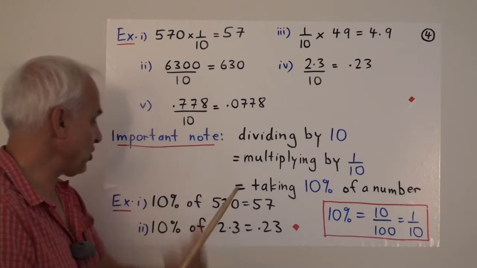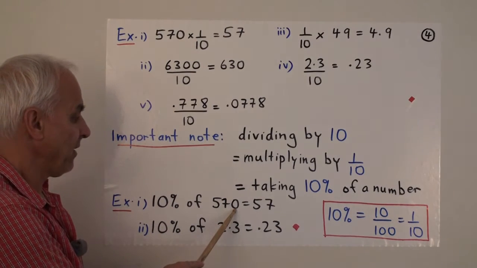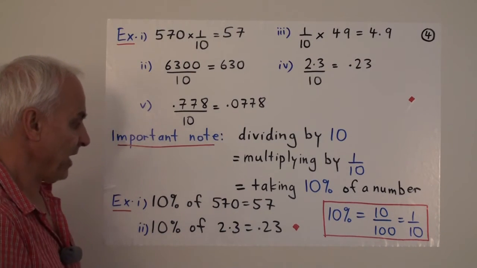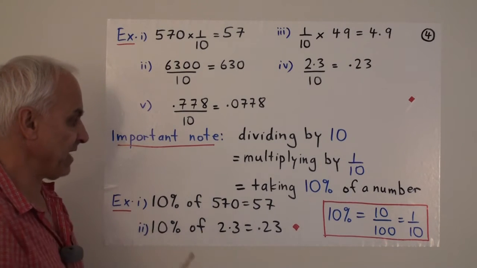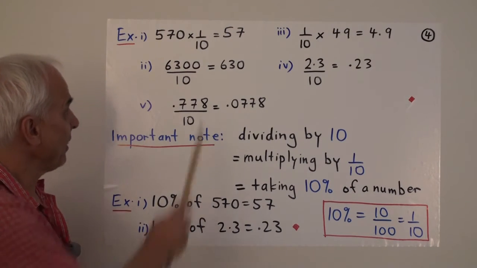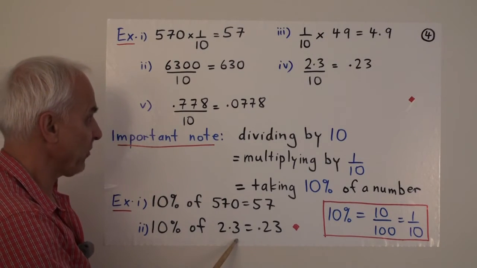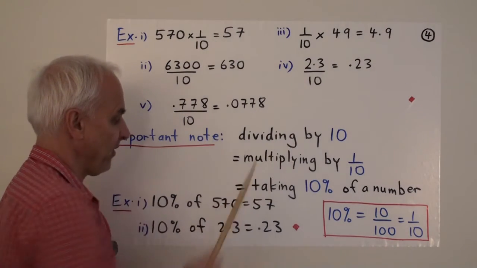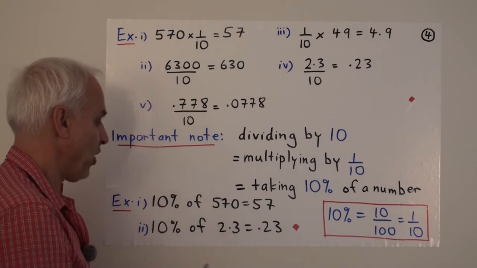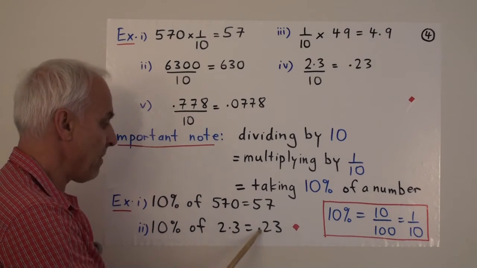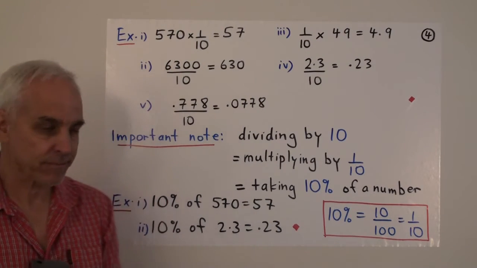So 10% of, say, 570 is 57. It's 1/10 of 570. That's another way of saying this. 10% of 2.3, that's another way of saying this. We're taking 1/10 of 2.3, which is 0.23.